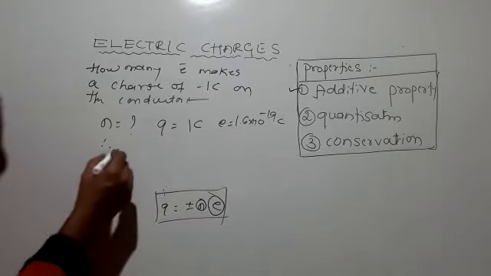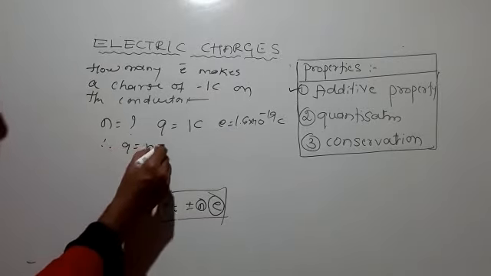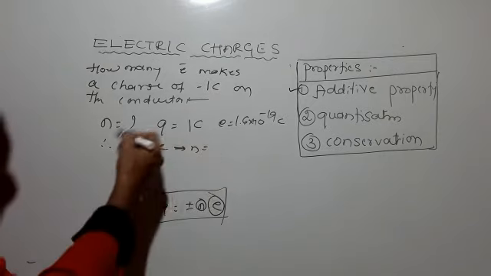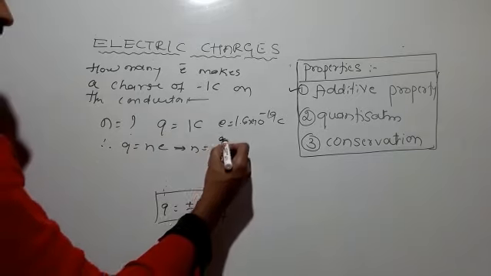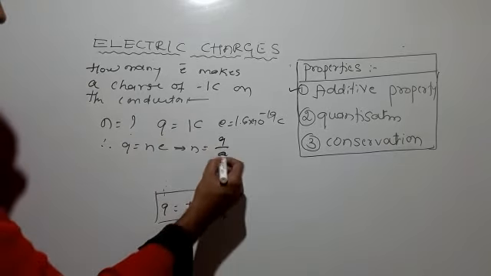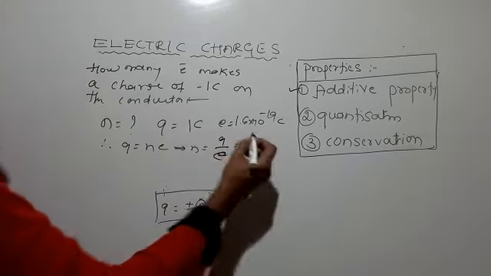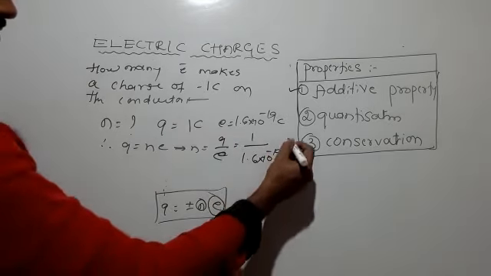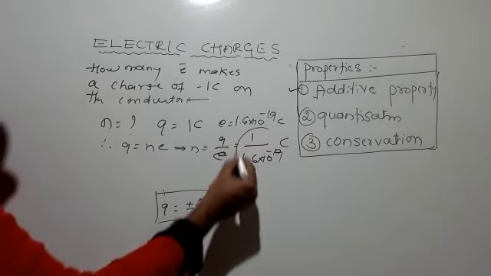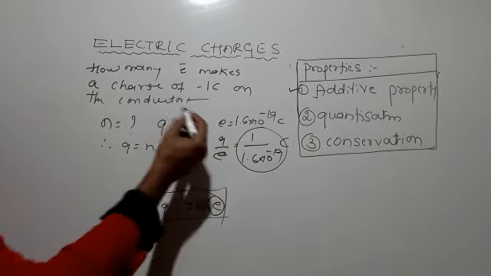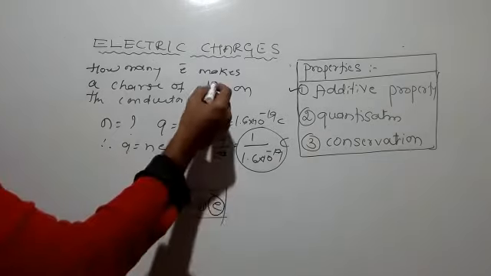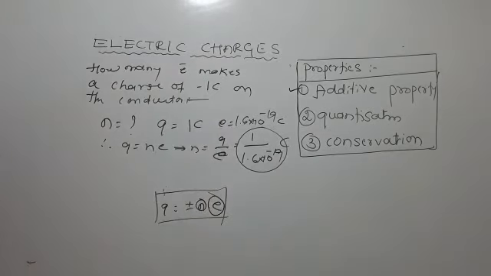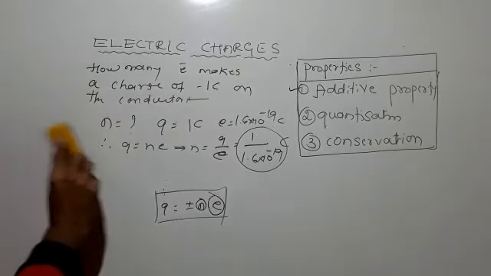Q is equal to n e implies n, the number of electrons, is equal to Q by e. Now put the values: 1 divided by 1.6 into 10 raised to minus 19 coulomb. So this many electrons are required to charge a conductor to 1 coulomb. So this is about the quantization of charge.